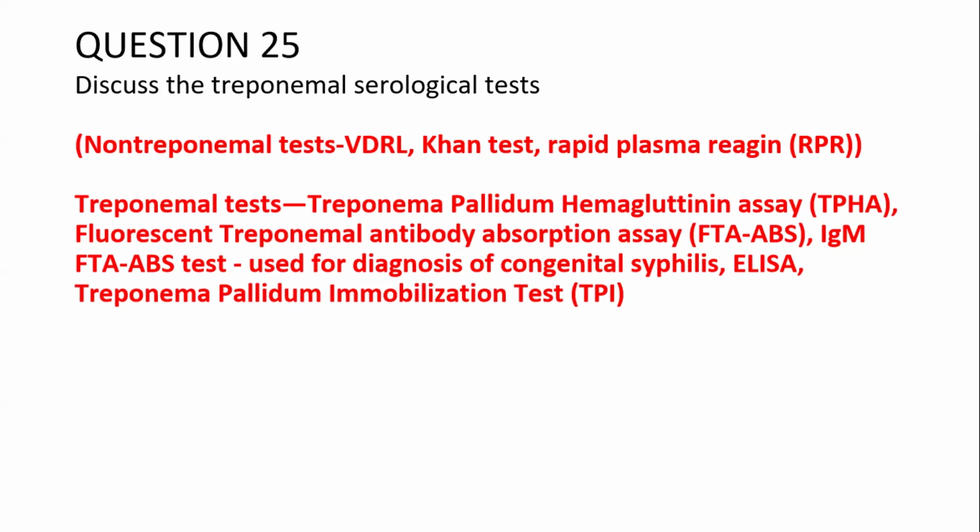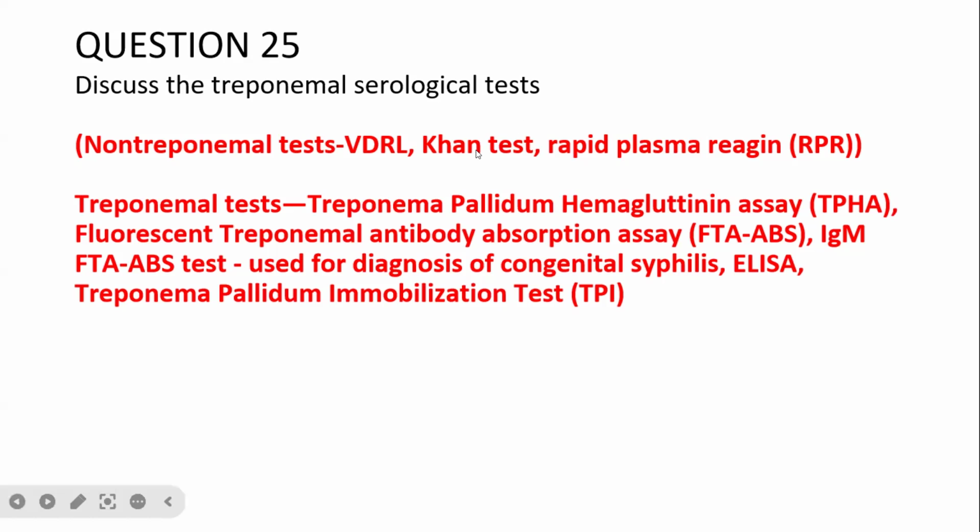these tests, the treponemal tests, they remain positive regardless of the disease or even treatment. Okay, so if you have an active syphilis infection, it will be positive. And then if you have the antibodies against the syphilis, it will also be positive.